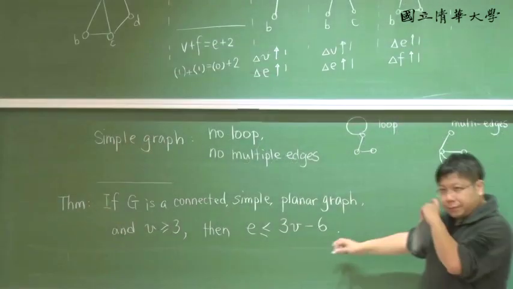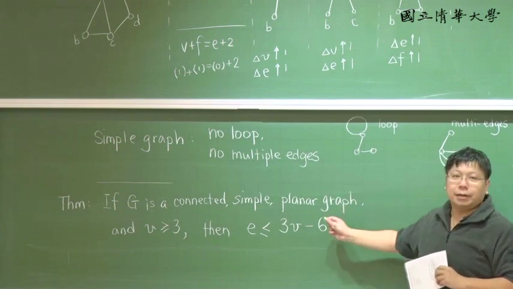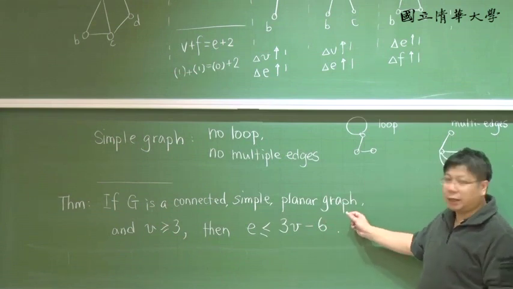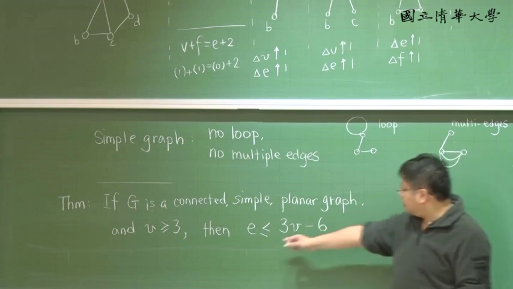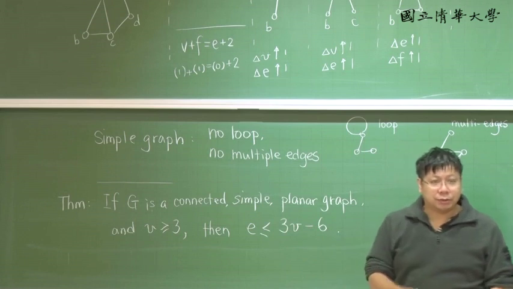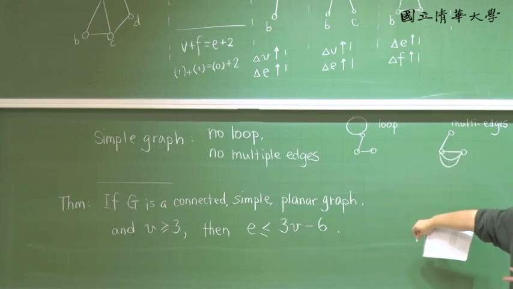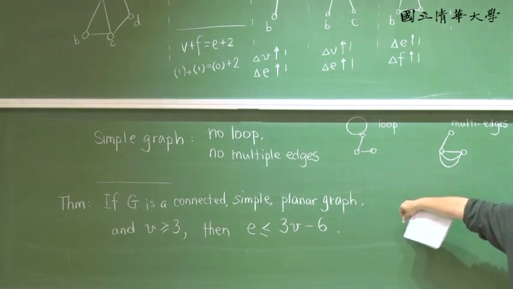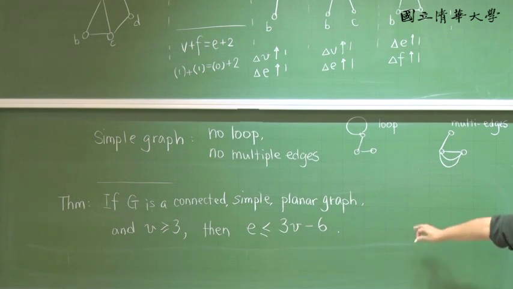So here, it gives us a condition that whenever G is simple and planar, then it can't have a lot of edges. E has to be less than or equal to 3V minus 6. So this is the theorem, right? What is the contrapositive of this statement?